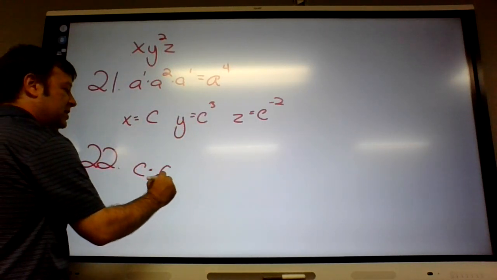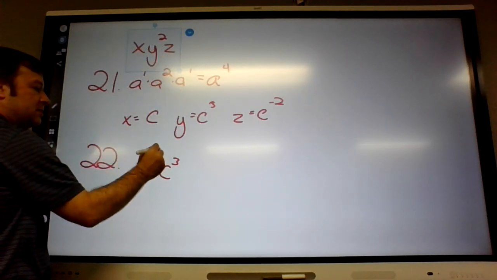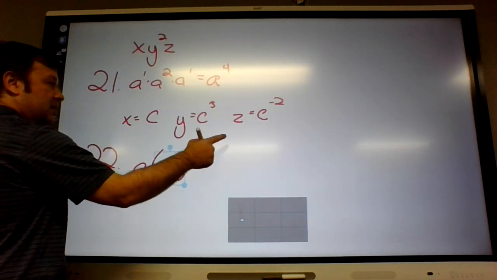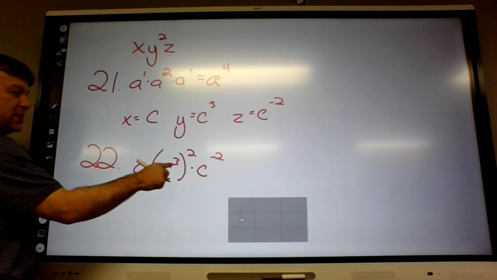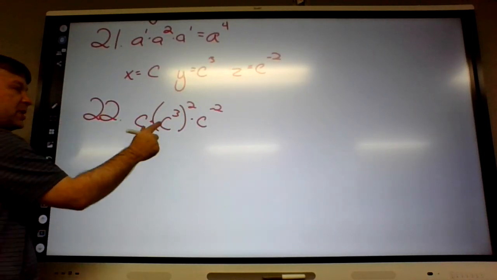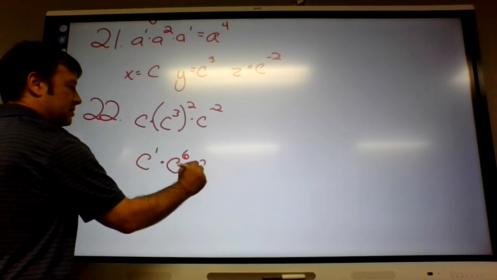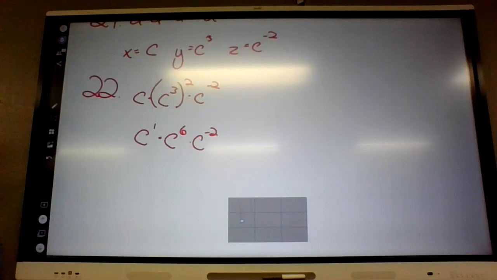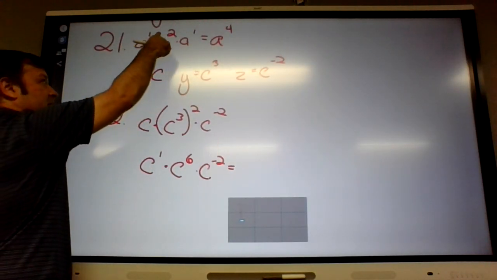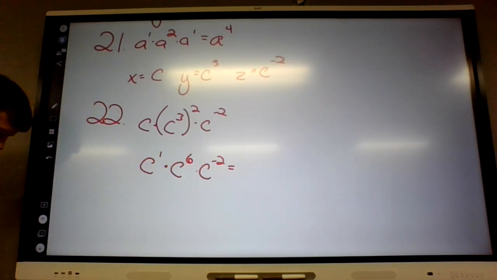Okay, c cubed is what y is. Now how do we square that though? Parentheses, yes. All of this needs to be squared. And then c negative 2 over here. So how did we do this? Right there. Multiply. 3 times 2 is 6. So it's almost done. It's kind of like the last problem. Just add the exponents when you're multiplying the base. All right. That is it.